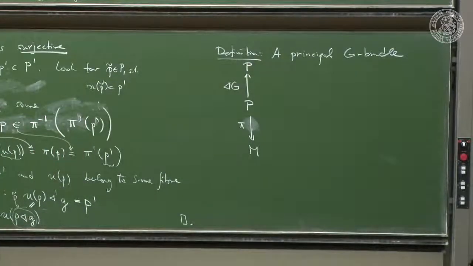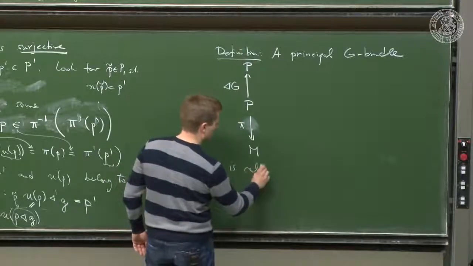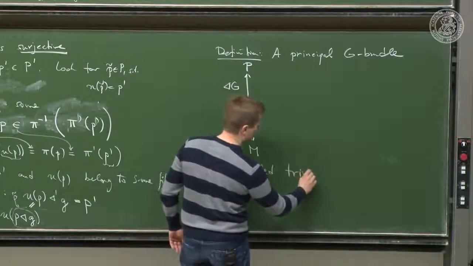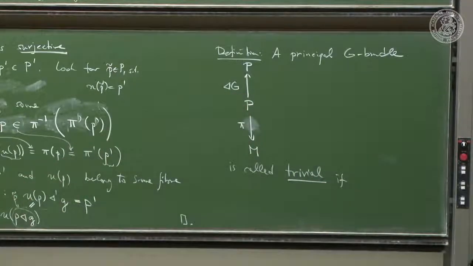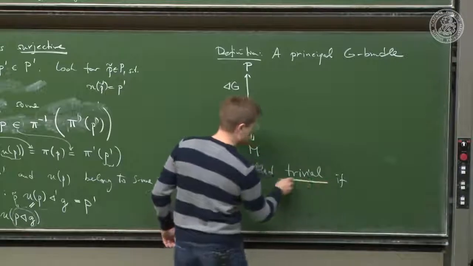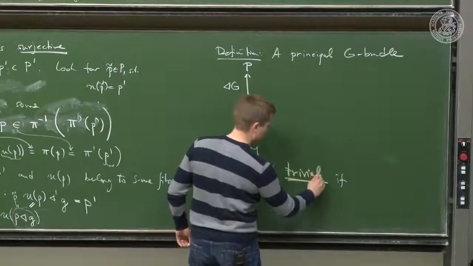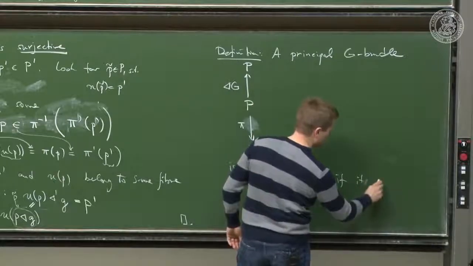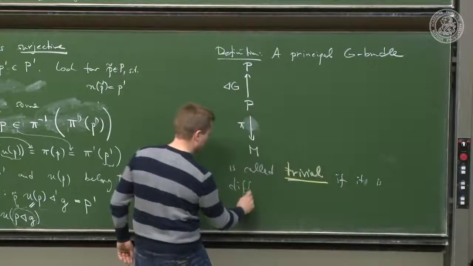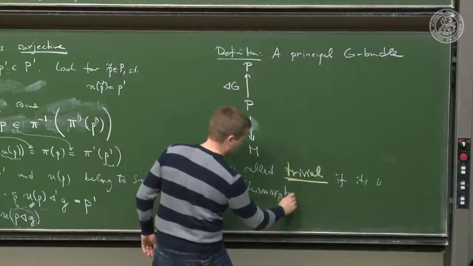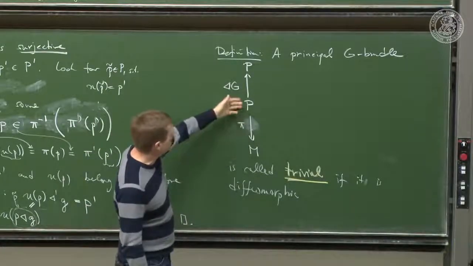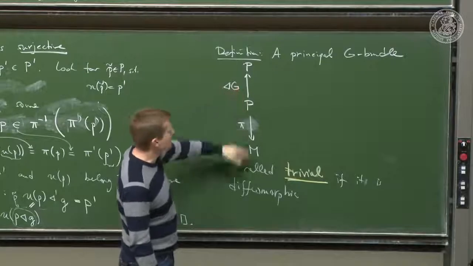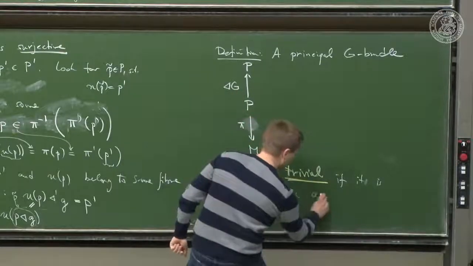A principal G bundle is called trivial if it is diffeomorphic, not as a set, not as a smooth manifold here, the P and this, but not only as a bundle, but if it is diffeomorphic as a principal G bundle.